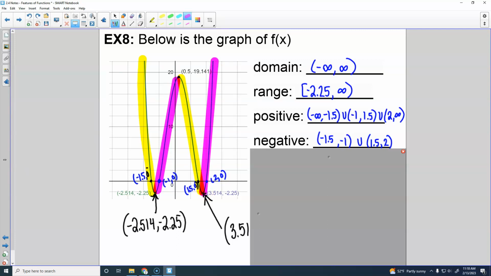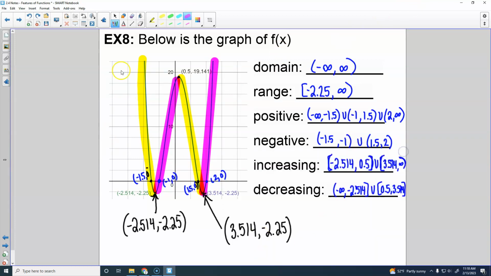So again, x coordinates. So for that increasing, that's the pink sections, right? The x coordinate right here is negative 2.514 up to the x coordinate here, which is 0.5. And then we also increase from x coordinate right here, which is 3.514, up to infinity because you keep on going in that direction.